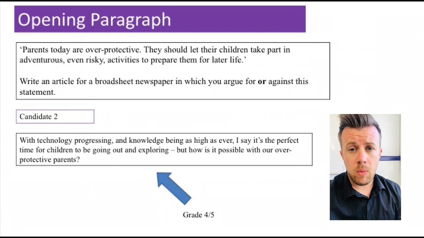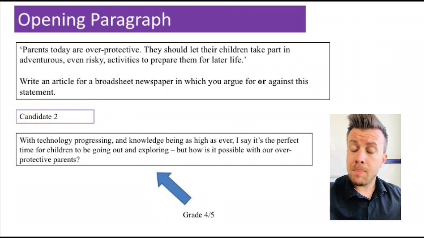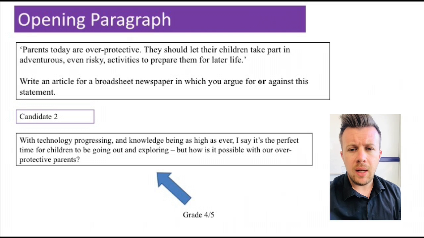What's also, I think, quite important to note is not only is it more grammatically correct than candidate 1, but the use of vocabulary is slightly more advanced. It's not in the ambitious stage. It's not any further than probably grade 4 for vocabulary. I do like the use of the adjective to describe the parents, so the overprotective parents.